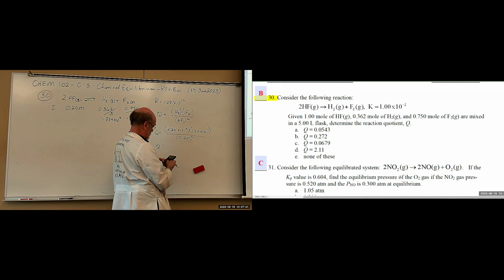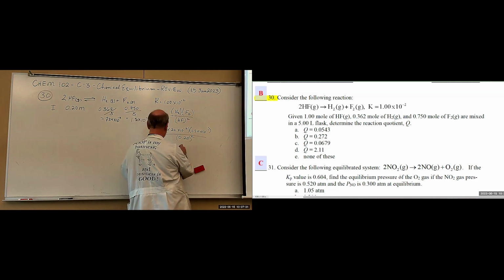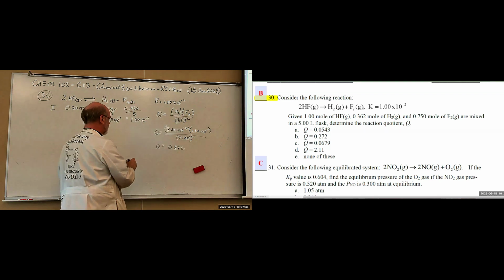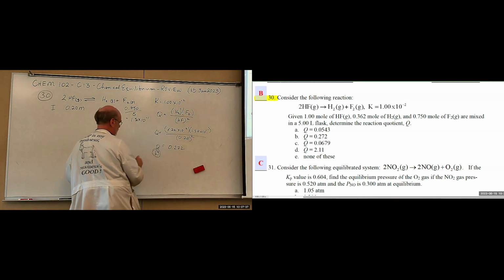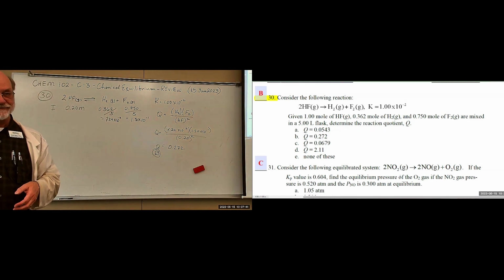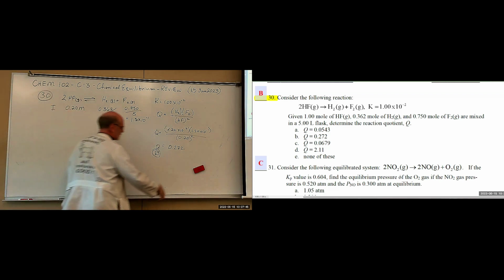And then 0.2 squared divided by that. 0.272. Thereabouts. Okay. Details. Details will get you every time.